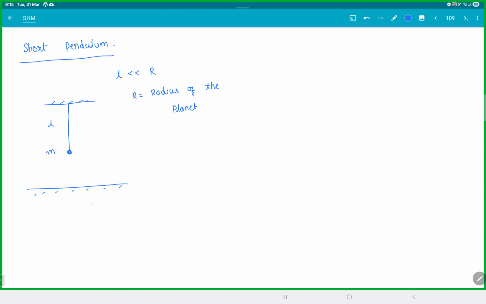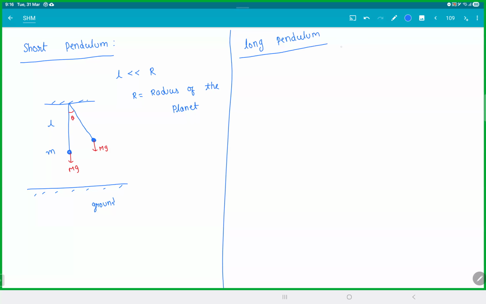Now see what happens. When you displace this, the mg is acting downward. Here also mg is acting downward, so there is no problem. This is what we derived it for. But if the length of the string is very large, a long pendulum, again a hypothetical case, but yeah, the L is comparable to the radius.